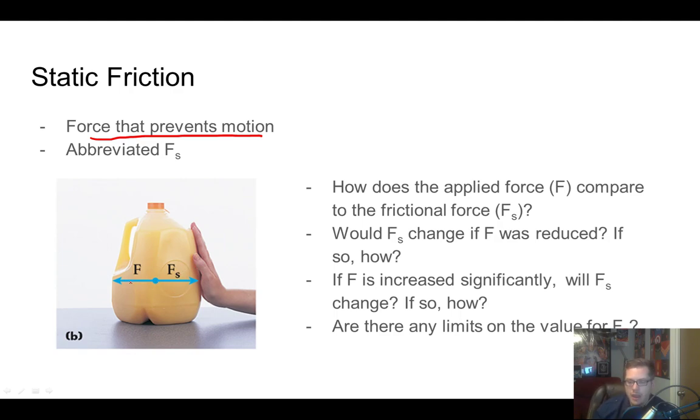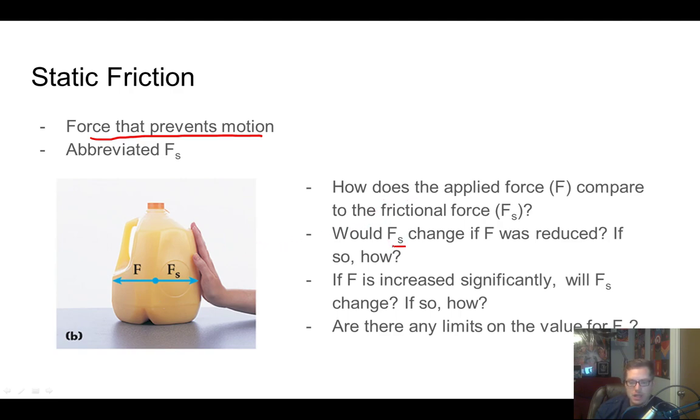The hand is pushing to the left, and the force of friction is pushing to the right. Specifically, this is the static friction. Because the force pushing it and the force of static friction are absolutely equal to one another, we have no motion.